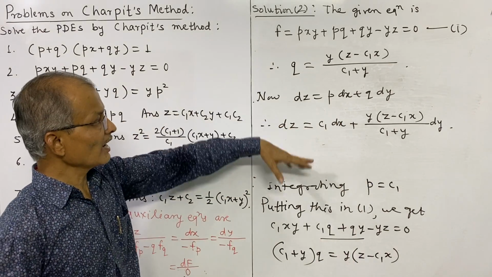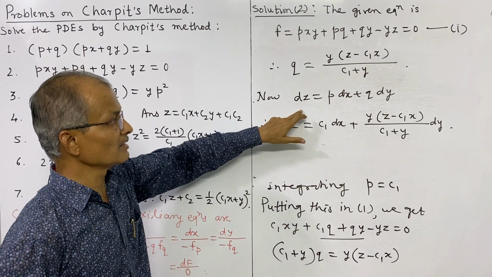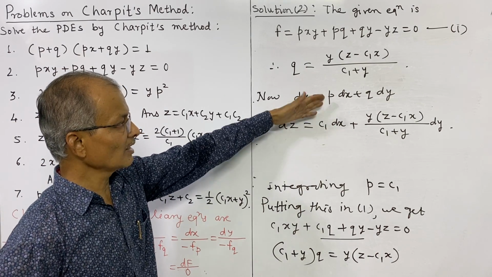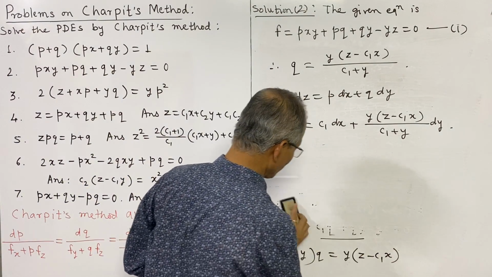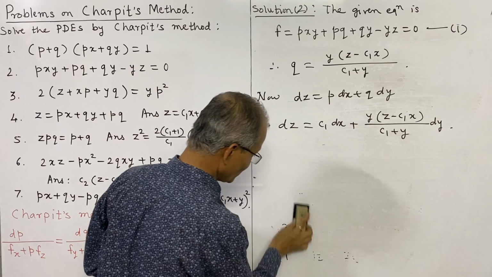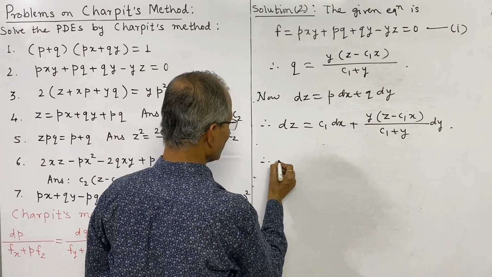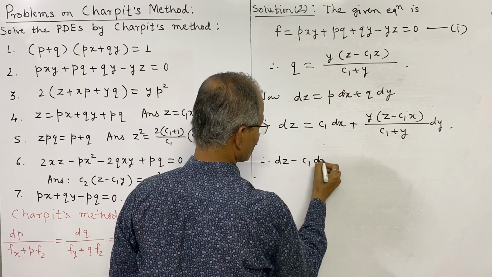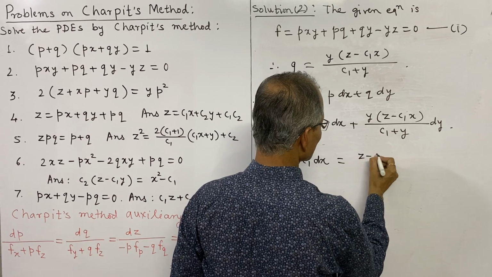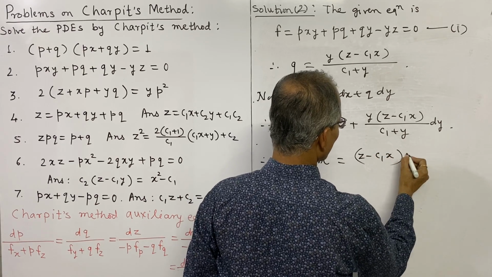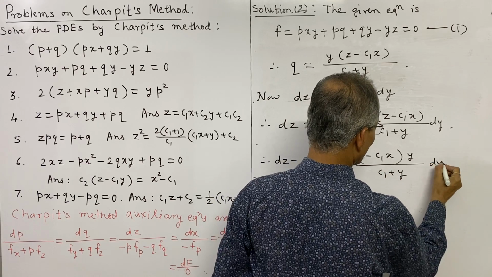So after getting p and q, we have to write this total differential of z, dz. This is a fixed equation, and then put the values of p and q here. Now integrating this, we get the complete integral. But before integrating, we have to separate the variables. For that purpose, this can be written as dz minus c1 dx is equal to (z minus c1x) into y divided by (c1 plus y) into dy.